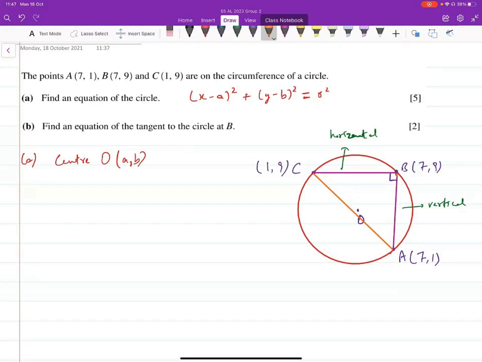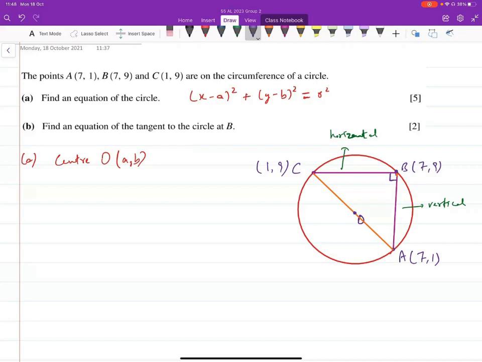Why does it have to be the diameter? It has to pass through O. Why does it have to pass through O? Because angle in a semicircle forms 90 degrees, right?